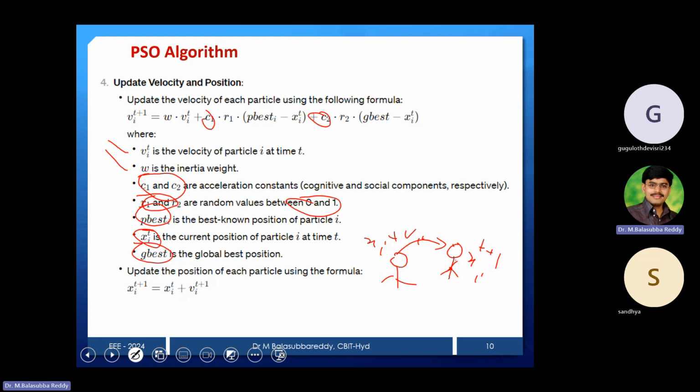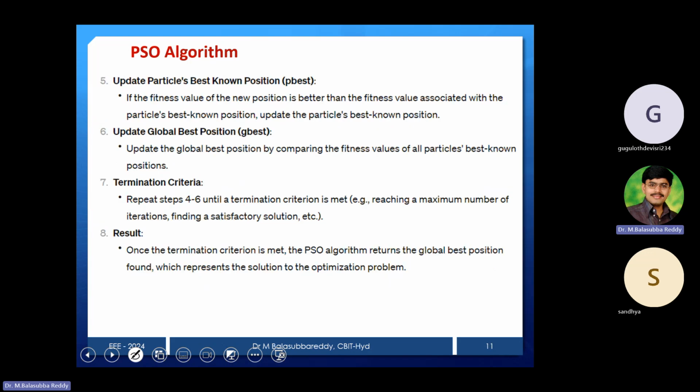What is the new position? The origin point plus 20 kilometers gives the new position. Same thing, like that we obtain the updated position of a particle. The formula is: new position equals current position plus new velocity. The new velocity will come here, and the current position we initially generate randomly.